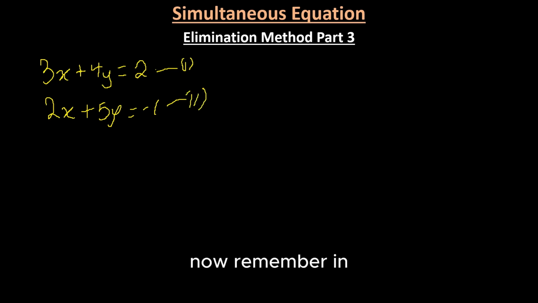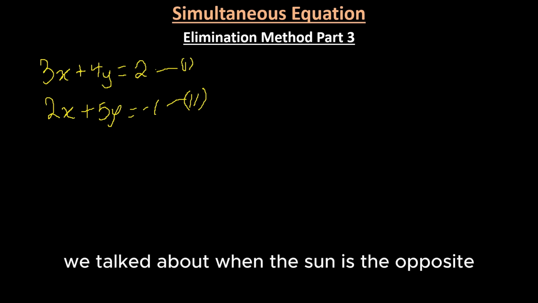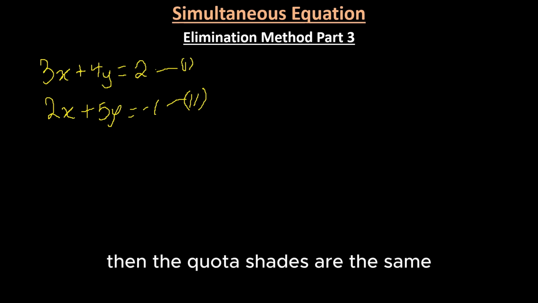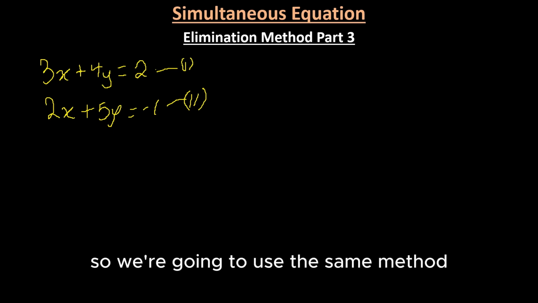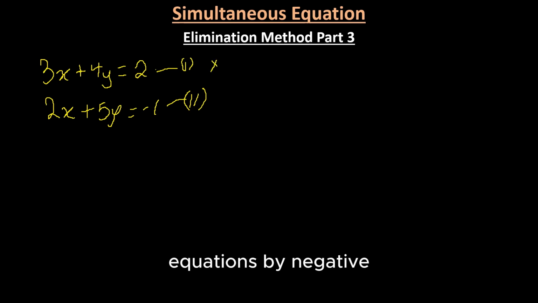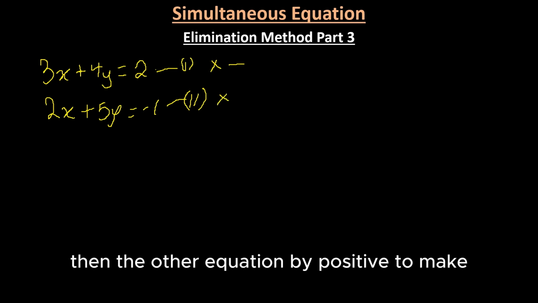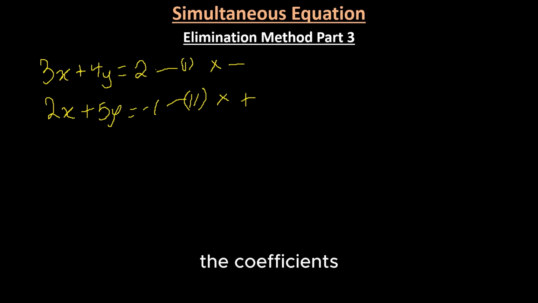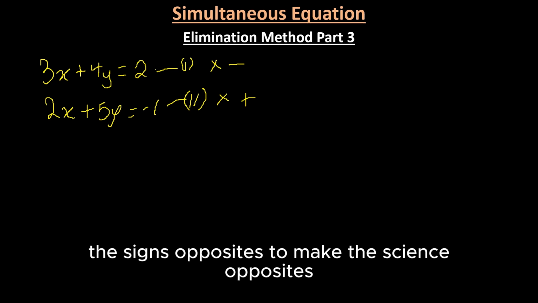Now remember, in elimination method part 1, we talked about when the signs are opposite, then the coefficients are the same. So we're going to use the same method. Remember, I said what we need to do is to multiply one of the equations by negative, then the other equation by positive, to make the signs opposite.